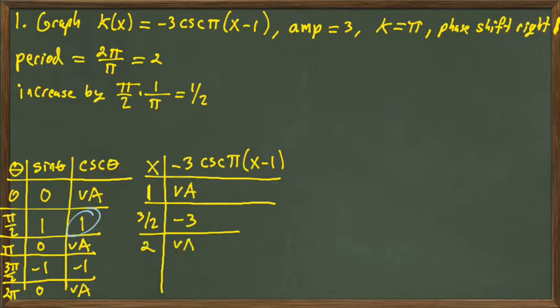And then that's going to be this vertical asymptote here. Okay, add another 1/2, and we'll get 5 over 2. And then take that y value of negative 1, multiply it by negative 3, we get 3. And then finally add one more 1/2, and we get 6 over 2, which is 3, and that's our vertical asymptote.